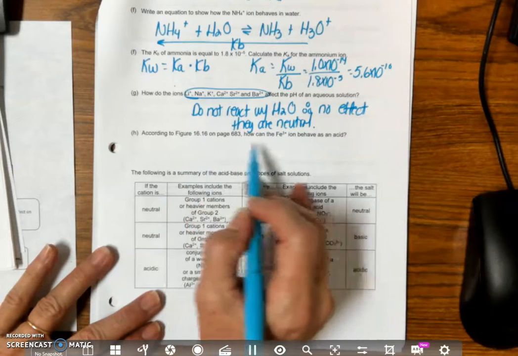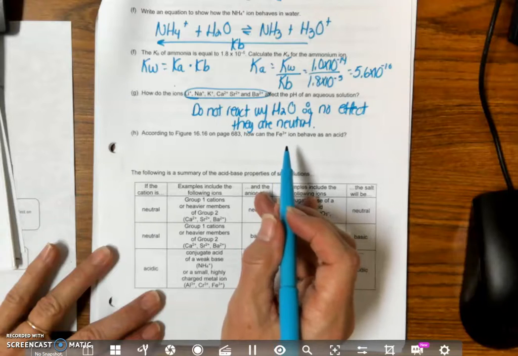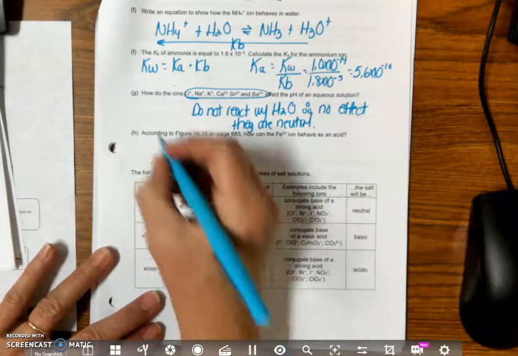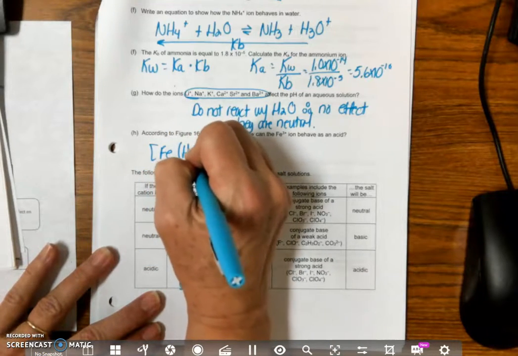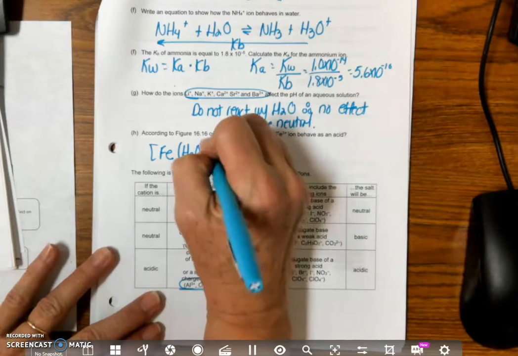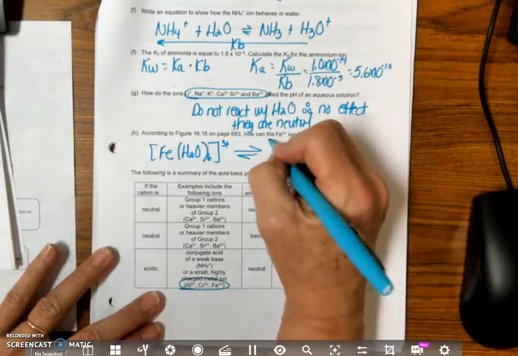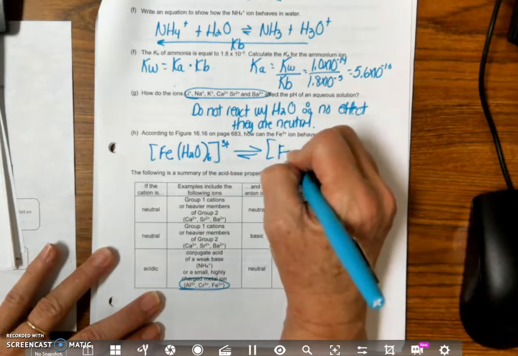These are neutral, but there are a couple of cations that can. They're down here, and I'm going to come back to this table in a minute. Basically, what happens is iron can coordinate with water, and one of the protons off one of the waters comes off.